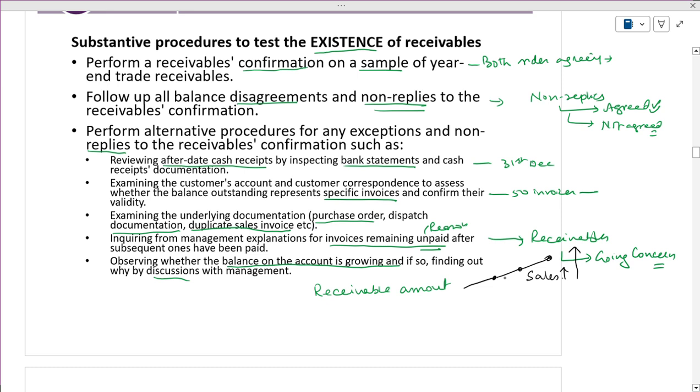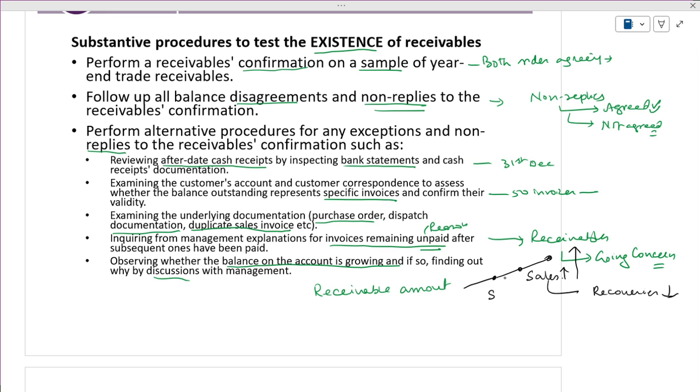But what will happen? The sales are increasing, but in turn the recoveries are decreasing.